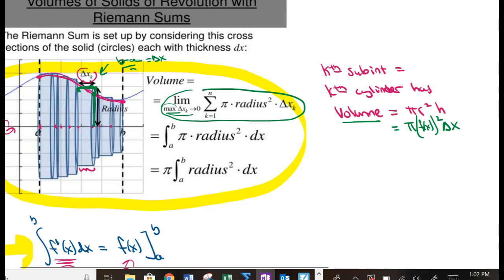But think of it this way, in our vocabulary, as delta x approaches 0, we're adding up the summation from the first cylindrical volume to the nth cylindrical volume of pi r squared h, because we're adding up from the first to the nth cylinder. Now, without this limit here, this is just a finite Riemann sum.